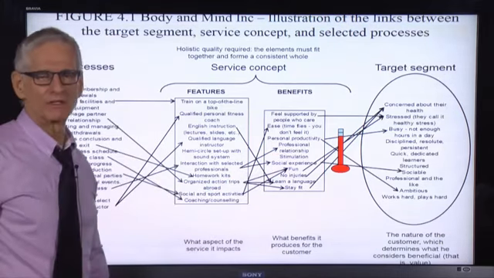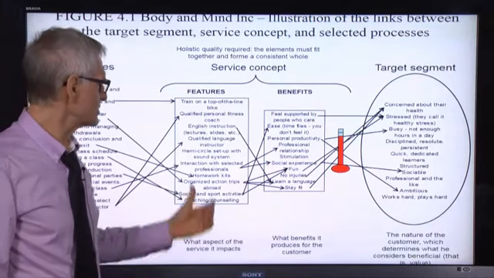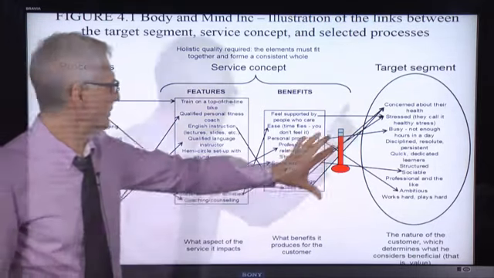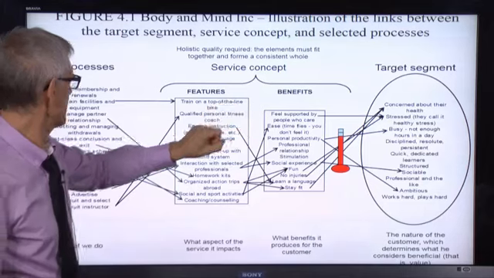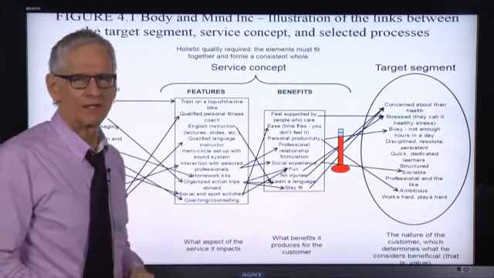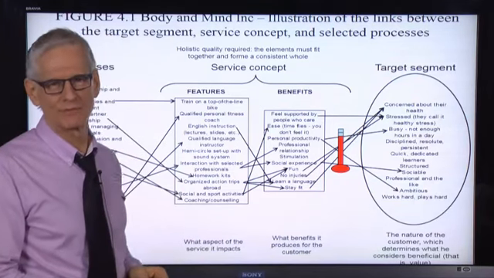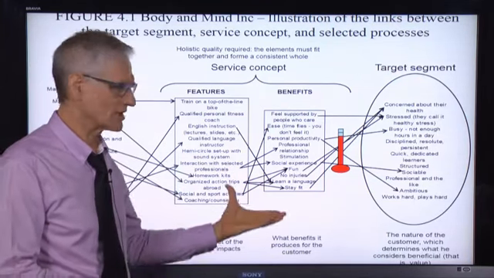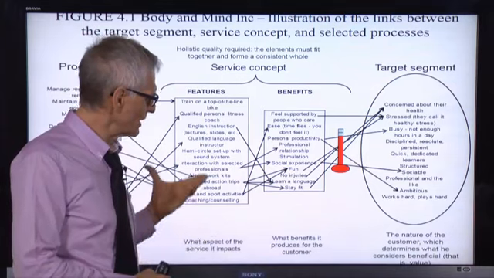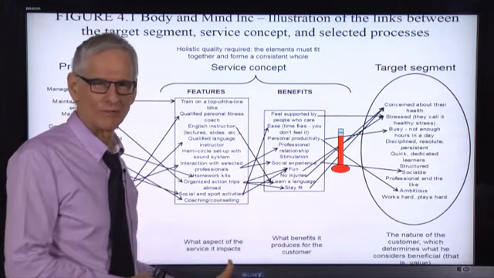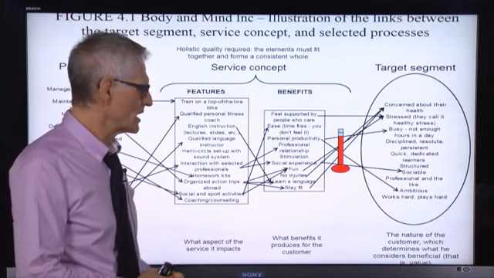The V2P model is essentially this logic where you go from market to service concept to processes. In the V2P model, of course, the link that we're missing here are the metrics, the voice of the customer. Translate this into something measurable so that you can build a learning cycle, a learning mechanism into it.